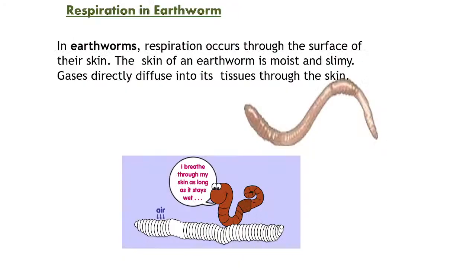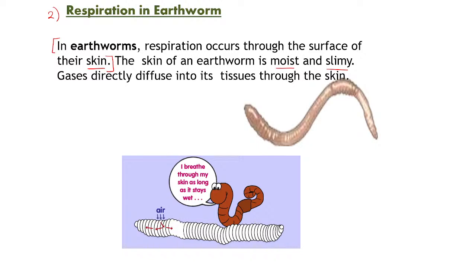Let's now see some other organism, the earthworm. Respiration in earthworm. As we know, earthworms respire through their skin. How do they take in air? With the help of the skin. That's the reason if you have touched the body of an earthworm, you will find the body is moist and slimy, that is, slippery to touch.